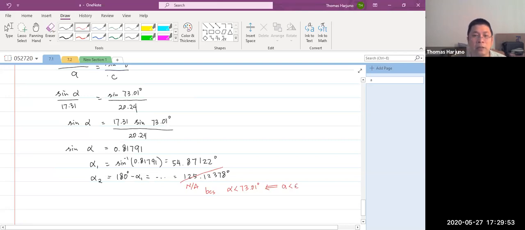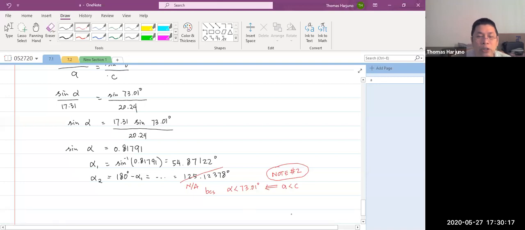Okay, remember note number 2. The longer the side, the larger the opposite angle. The larger the angle, the longer the opposite side.